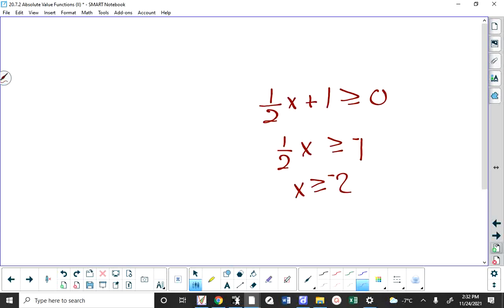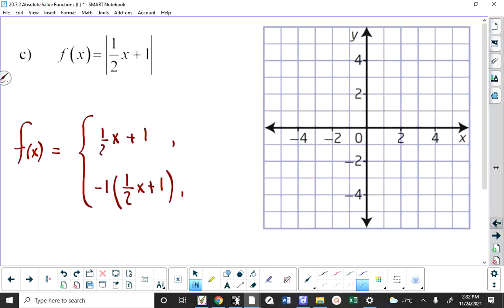So that means when x is greater than or equal to -2, this is the function we use, 1/2 x plus 1. When x is less than -2, then we use the negative of the function inside the absolute value signs. By the way, the equals always goes with the piece that you just removed the absolute value signs from.